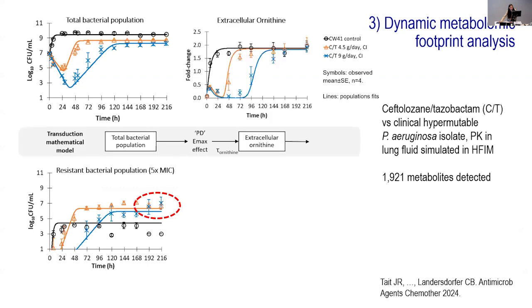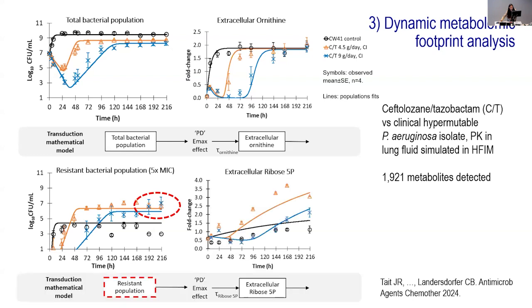Now we looked at the extracellular metabolites in this system. There were some metabolites, such as ornithine, that increased when bacterial concentrations increased, with total bacterial concentration.